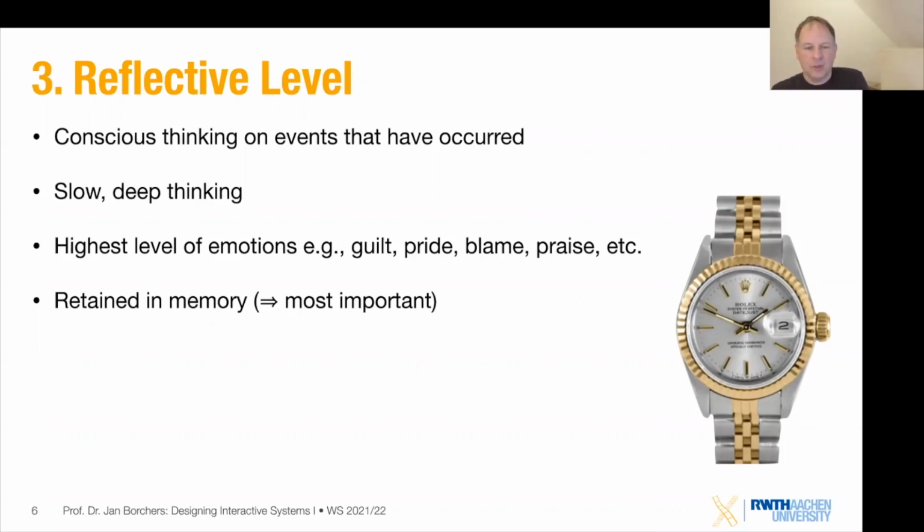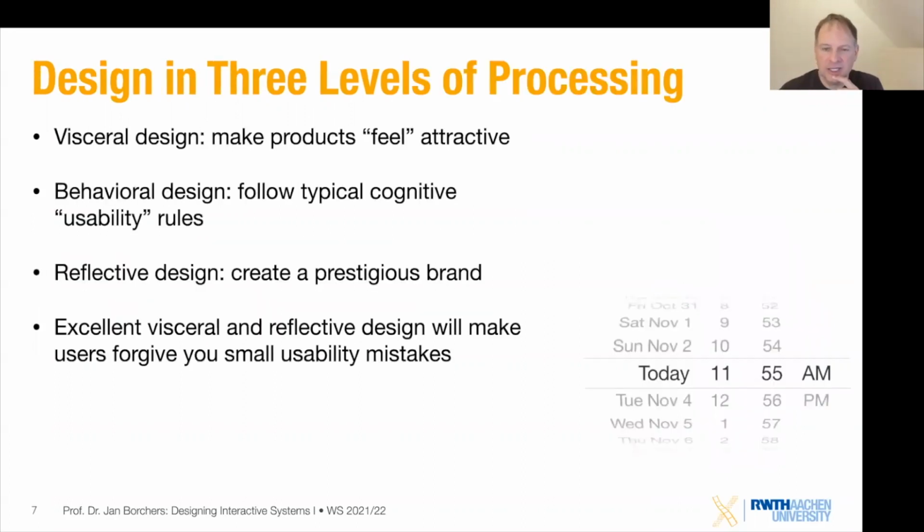Okay, so what does that mean for design? As I already said, product designers, industrial designers who are largely concerned with this handling of objects and the visceral level of design, of course also with the other levels, but they are the ones who can also influence the visceral level of design, will try to make products feel attractive, right, on some level. On the behavioral level of design, you follow the typical usability rules that we've been talking about mostly in this class.